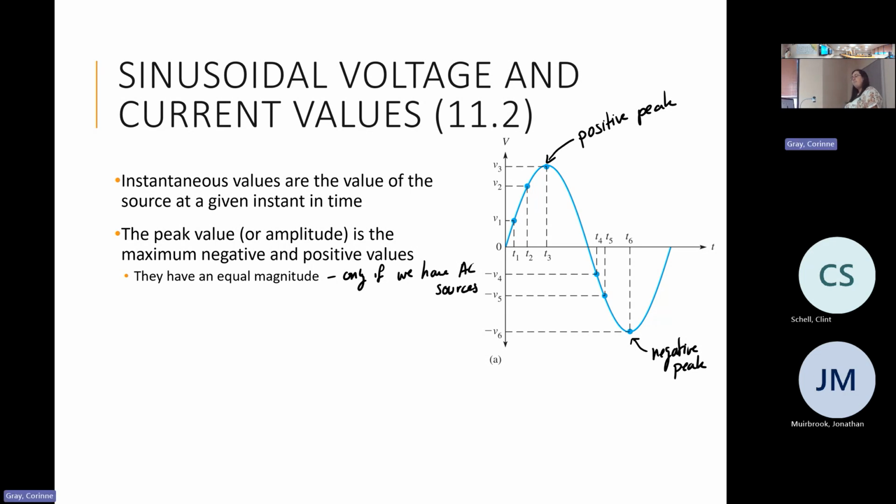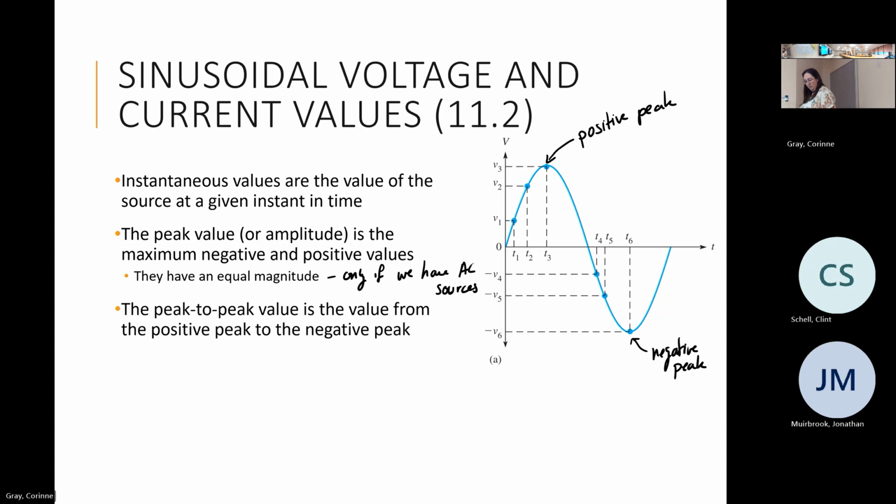But we'll talk about that next time. I do want to put in the caveat that it's not technically always true. We also then get the peak to peak value. That is the value between our two peaks. With peak to peak, we are always going to see this represented as a positive value.